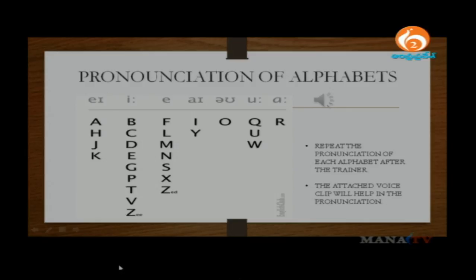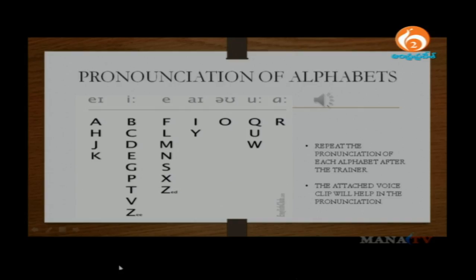The first one is B, C, D, E, G, P, T, V, Z. As we have seen, the first set was the A sound and the second is the E sound.